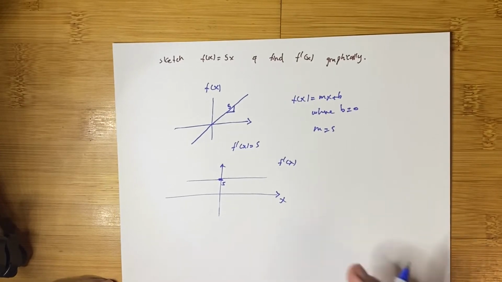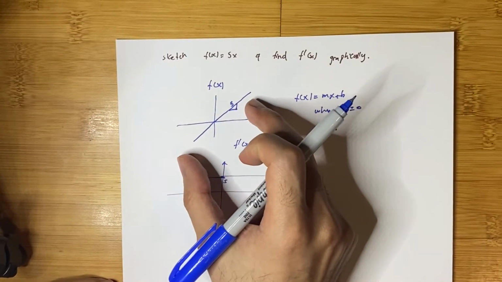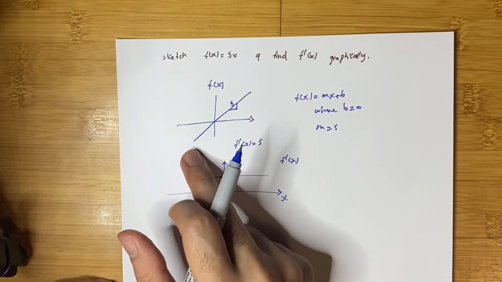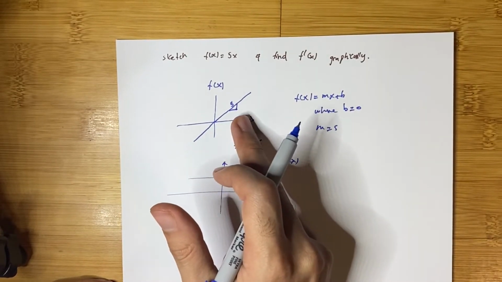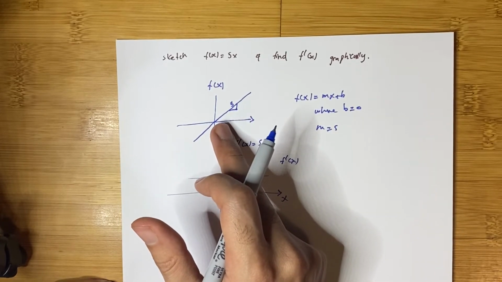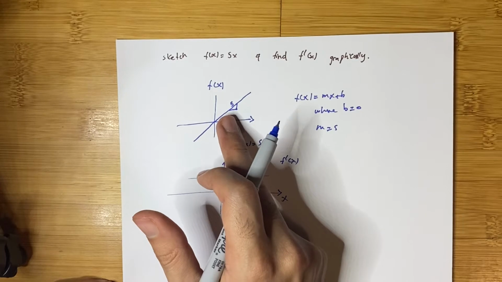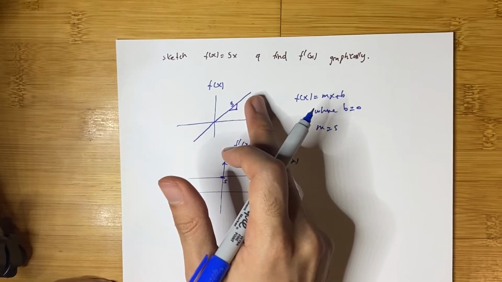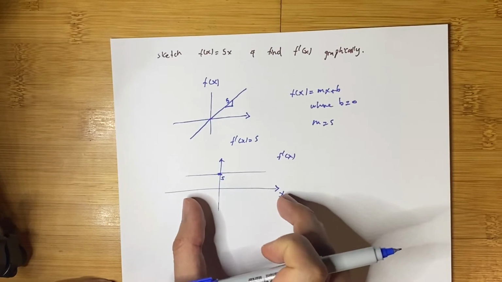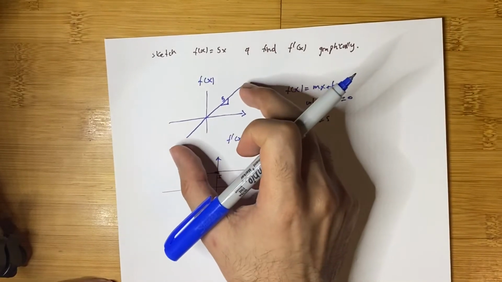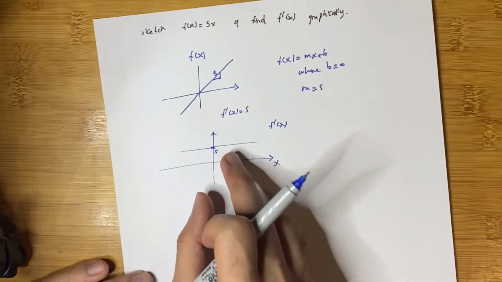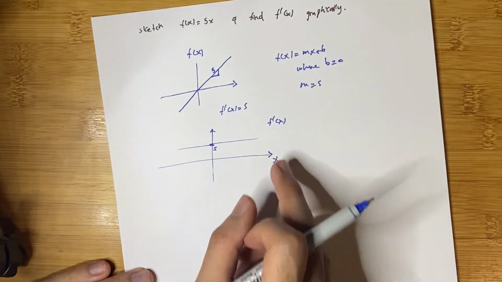What we notice here is f of x is increasing, but it's increasing at a constant slope. It's the same slope everywhere. So that means the derivative will be positive since f of x is increasing, but it's increasing at a constant rate. That's why its derivative is a constant.